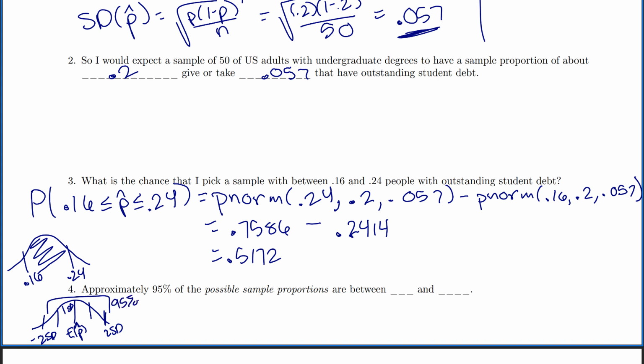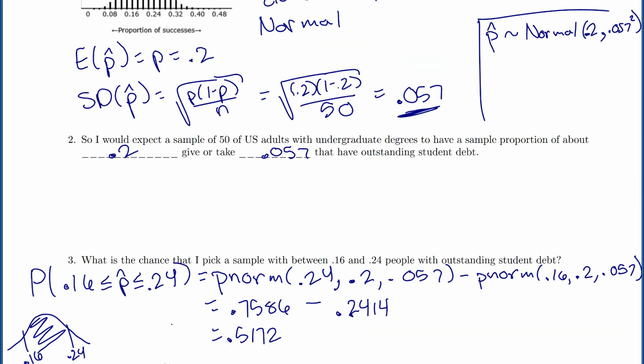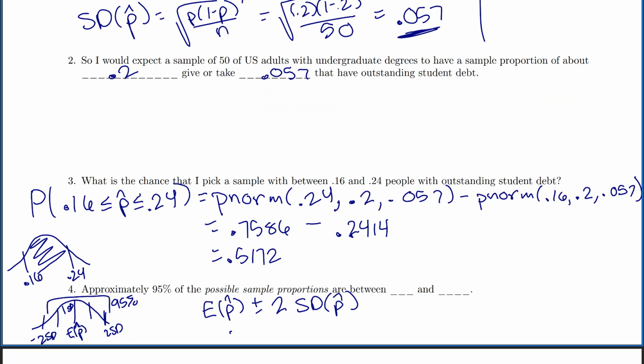So 95% of all the possible sample proportions should be within the expected value plus or minus 2 times the standard deviation. And I want to make sure I use expected value for p hat, standard deviation for p hat. So we'll do 0.2 plus or minus 2 times the 0.057.